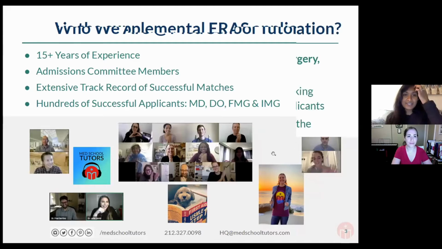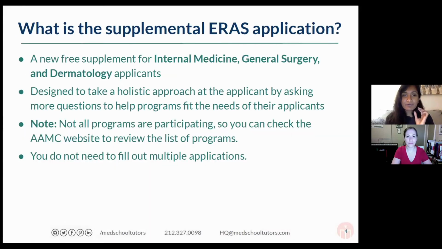All right, so getting into what is the supplemental ERAS application. This is a brand new supplement that's coming out this year, which is specifically for IM, general surgery, and dermatology applicants. The idea behind this application is to take a holistic approach to the applicant and provide you the opportunity to fill in information that isn't traditionally covered in the normal ERAS application.